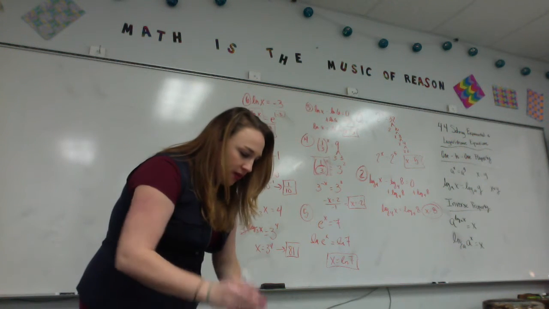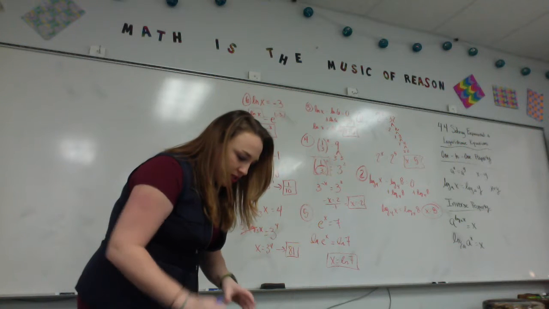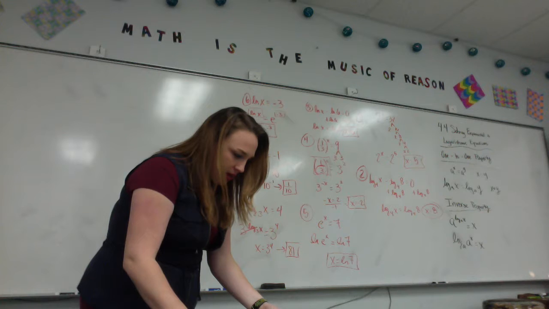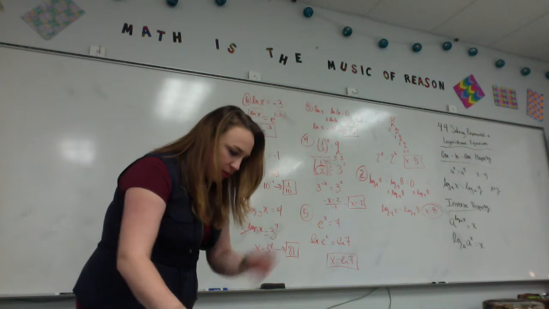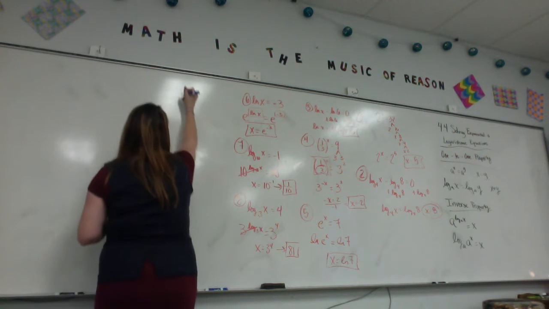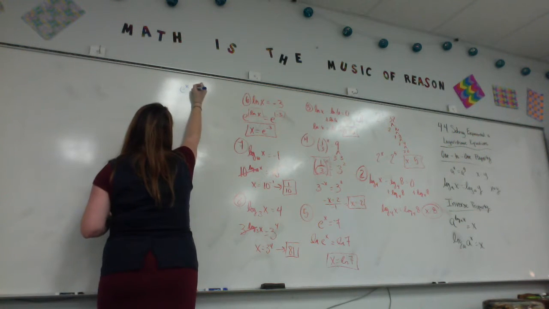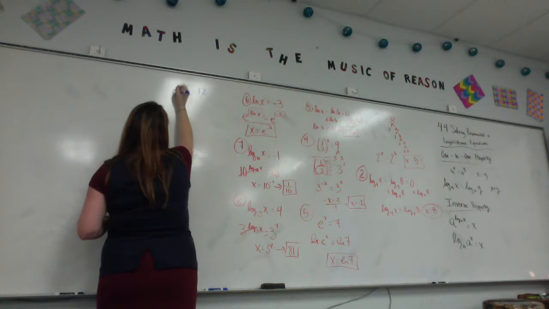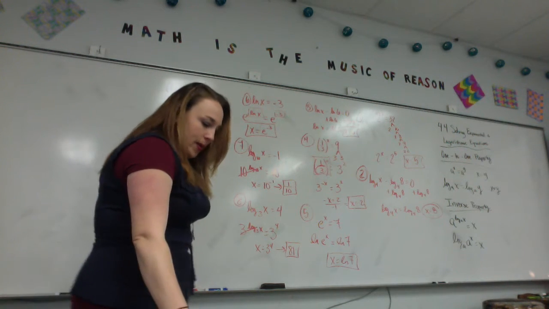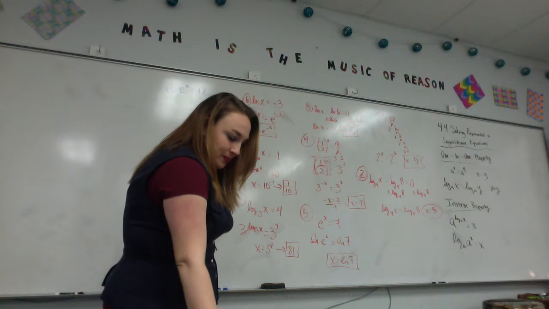Let's talk about solving some exponential equations. We're going to do two or three of these and then we'll be done for today. Let's say you have e to the x power equals 72. How would I go about solving that?